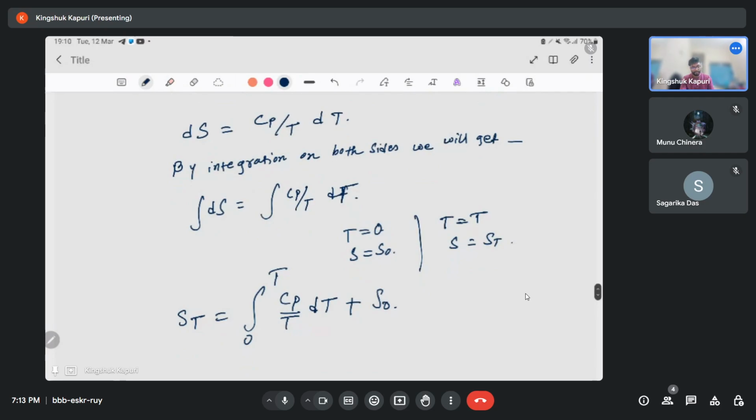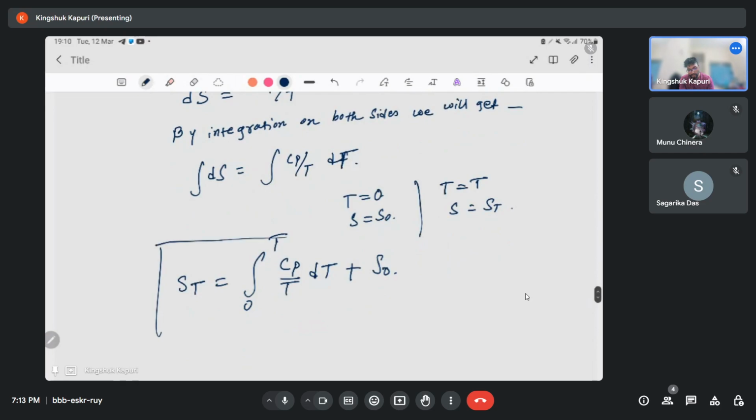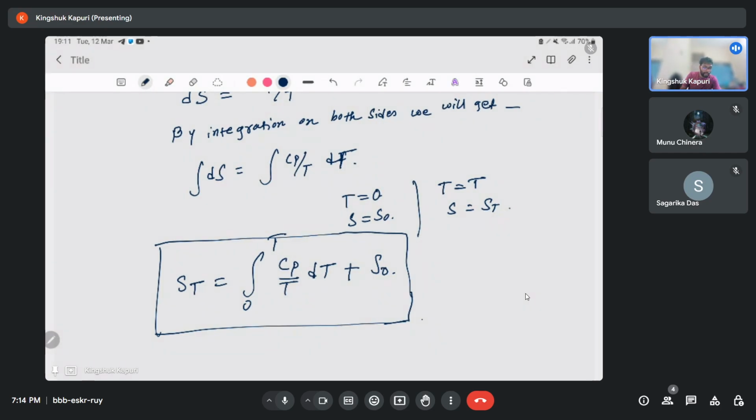I can write this term. So this is the equation that we can refer to for the reversible process.